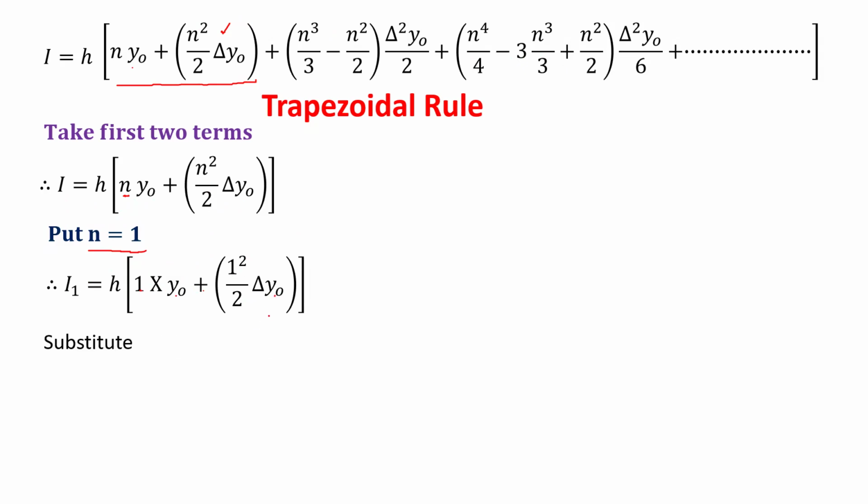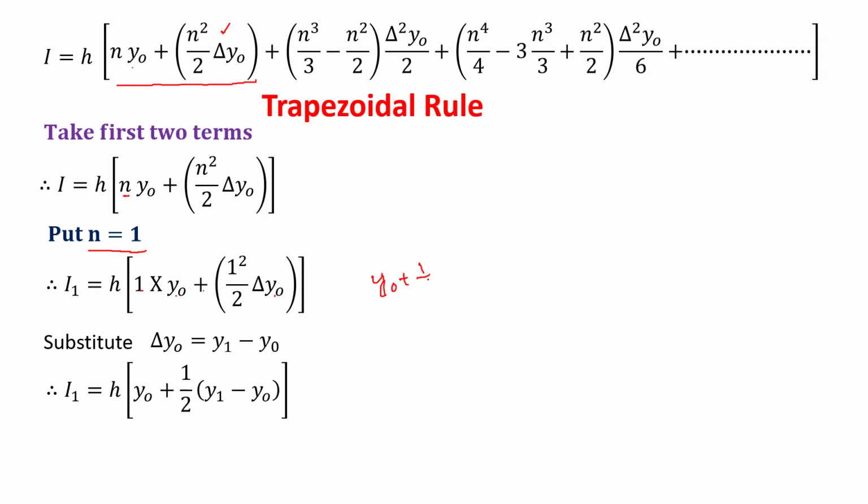If you remember from the last video, delta y0 equals y1 minus y0. Substituting, we get y0 plus half of y1 minus y0, which is y0 plus 1 by 2 y1 minus 1 by 2 y0.